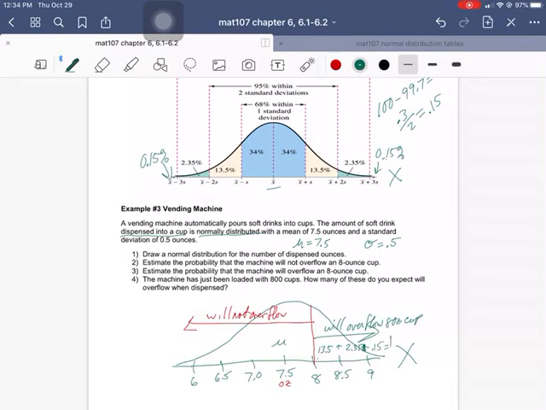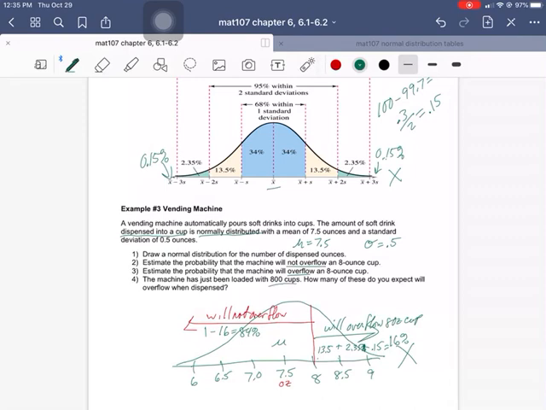So on the upper end, there is a 16% chance that this machine will overflow an 8-ounce cup. So that means this is 1 minus a 16% chance, or an 84% chance that it won't overflow, using the empirical rule. So that takes care of will not and will.